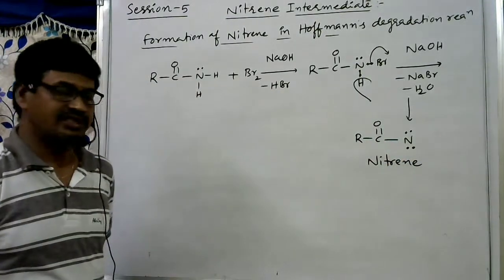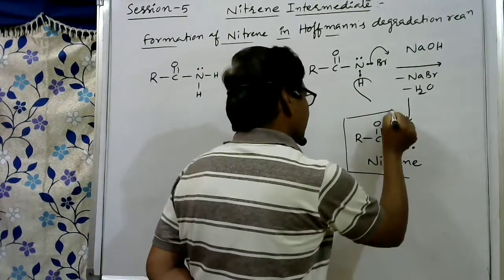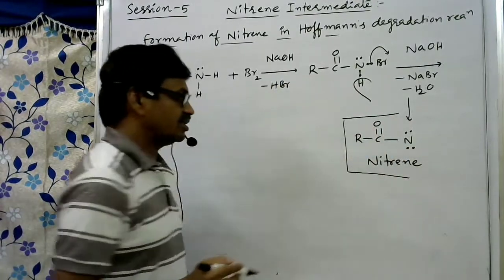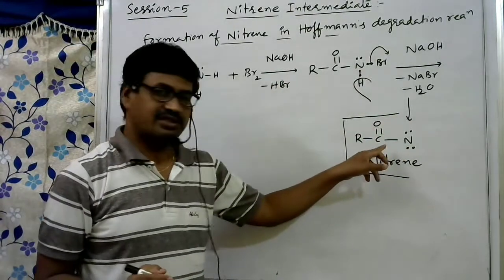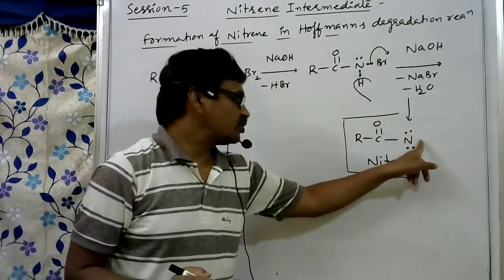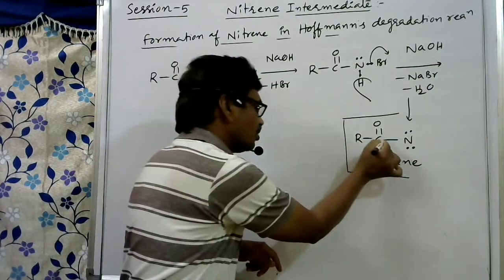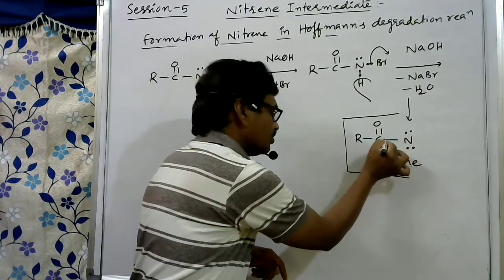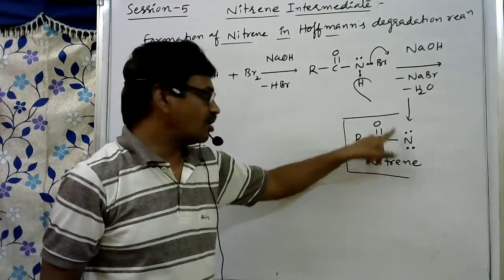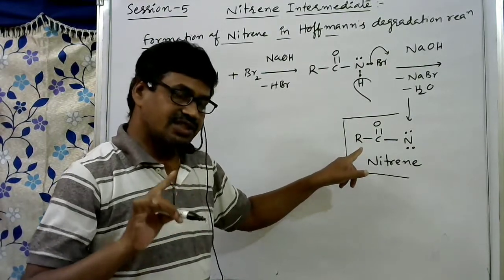This is important: what is the intermediate produced in Hofmann hypobromide reaction? This one. As per the definition, it is a neutral species in which nitrogen is bonded to one monovalent atom or group, here R C double bond O, with one bond only, and it is surrounded by 6 electrons.